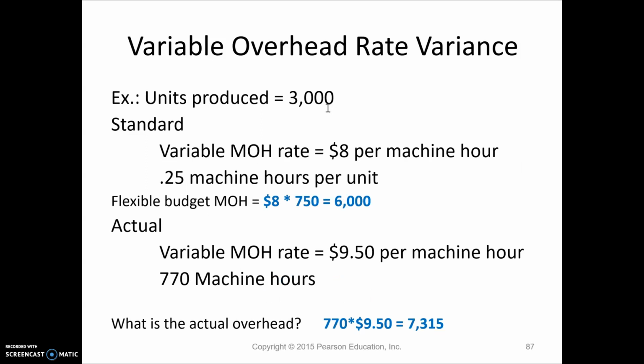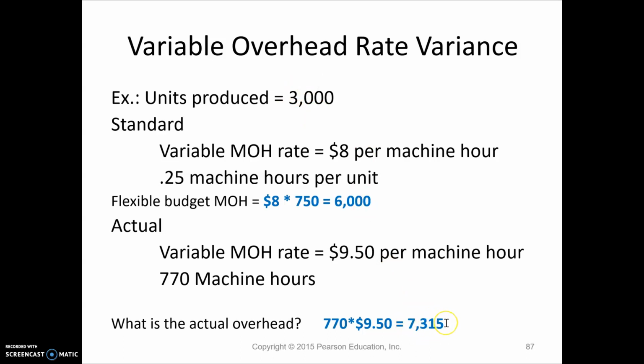The actual overhead, so $9.50 per machine hour times 770 machine hours, so 7,315. And you could have also been given this differently. You could have been told the 7,315 was the actual overhead. That would probably be the more common way you would see it.